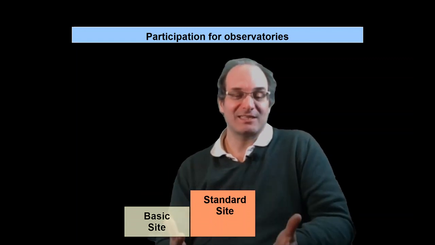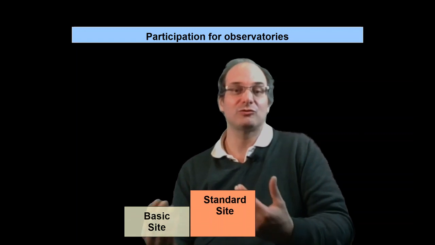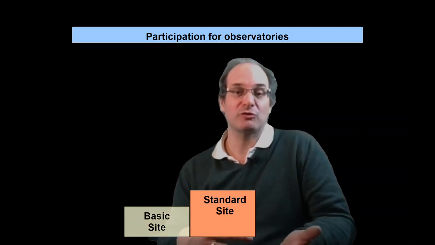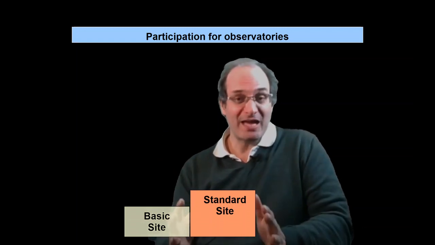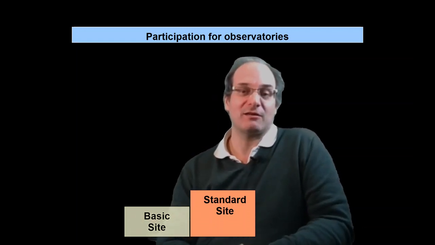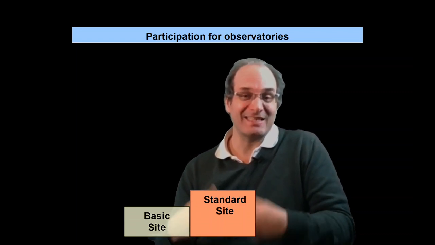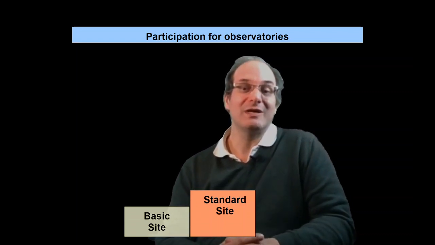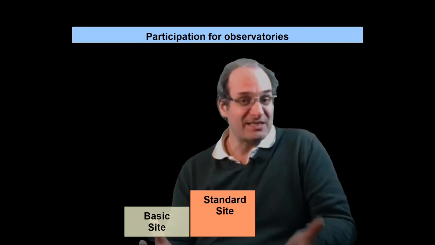The next level is for standard users. The standard sites use the remote control software and also web pages produced by the remote control software. These web pages are then read by the data archive, which automatically gets the information and sends it to the different items.